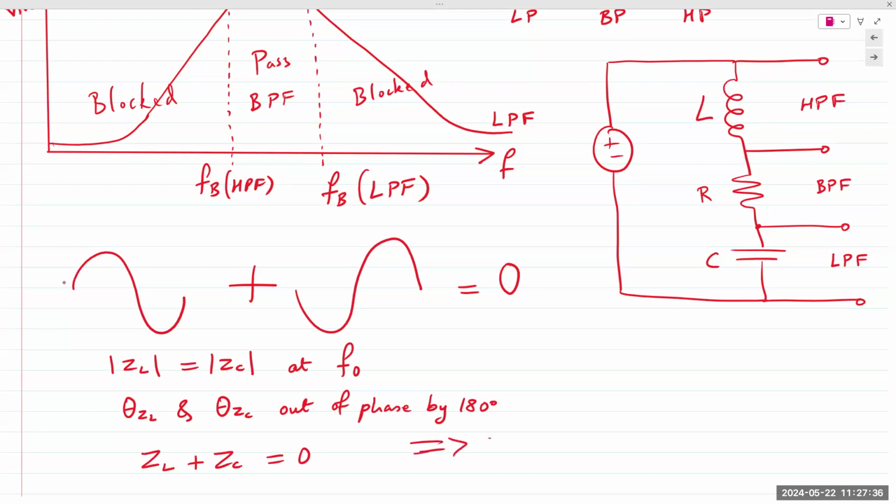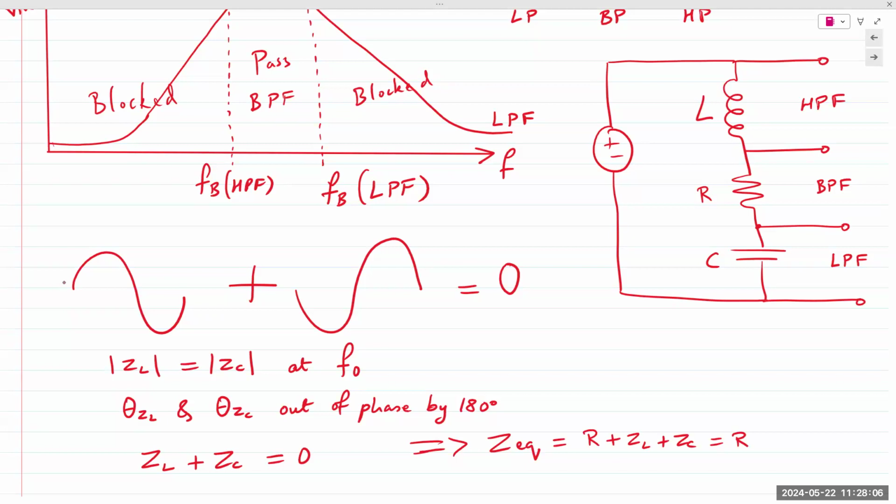Hence, your total ZEQ as seen by the source, which should be R plus ZL plus ZC in a series circuit, is effectively only R, because ZL and ZC in series goes to 0. So the only impedance left in the circuit is purely resistive R, and the output goes maximum.